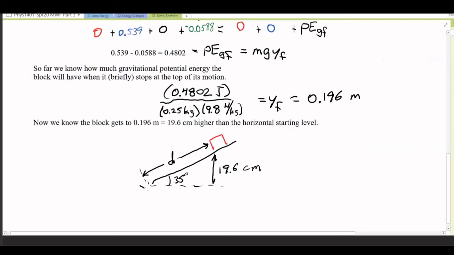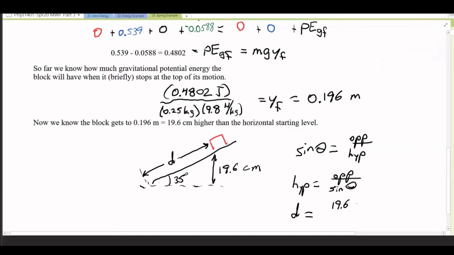So then we can do our trig. Sine theta is equal to opposite over hypotenuse. So hypotenuse is equal to opposite over sine theta. So that's D is equal to 19.6 centimeters over sine 35 degrees.